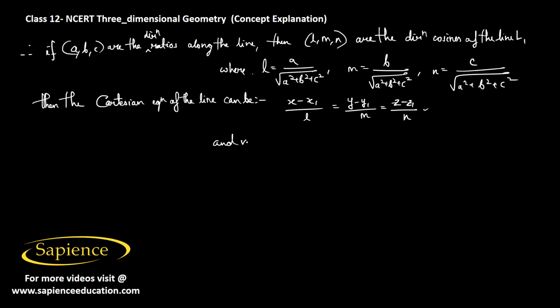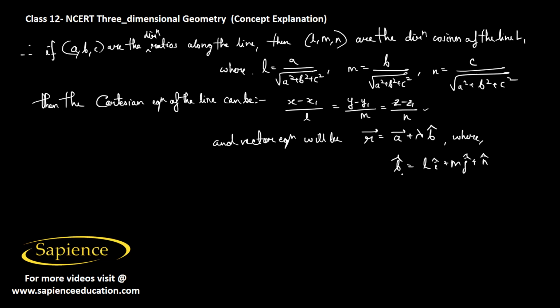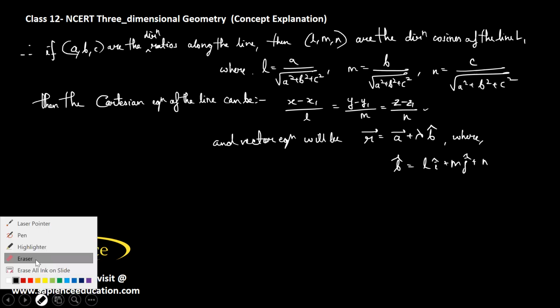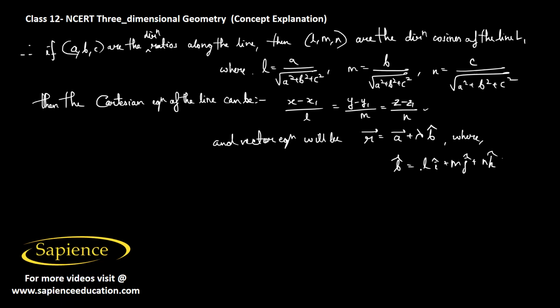And the vector equation will obviously be r vector equals a vector plus lambda into b cap. Why? Where b cap will be equal to l i cap plus m j cap plus n k cap. Since b vector was a i cap plus b j cap plus c k cap.